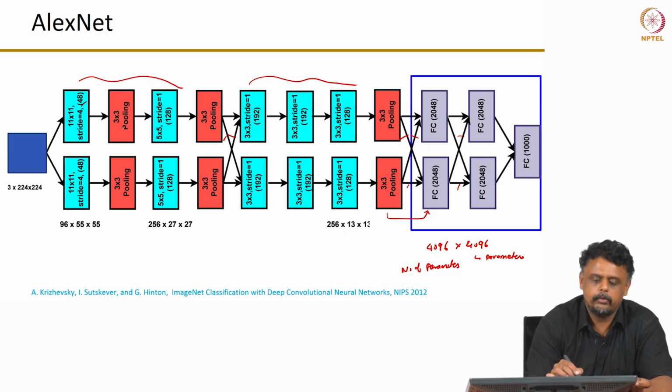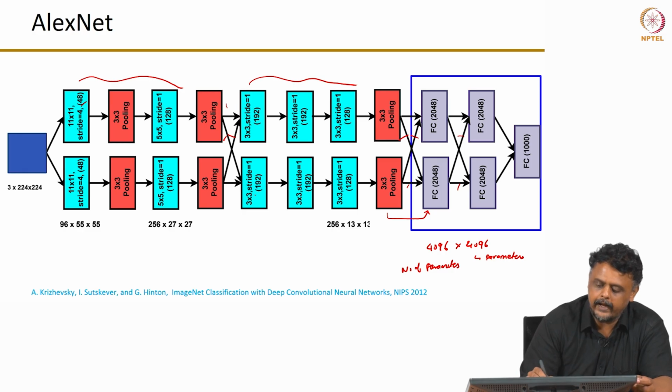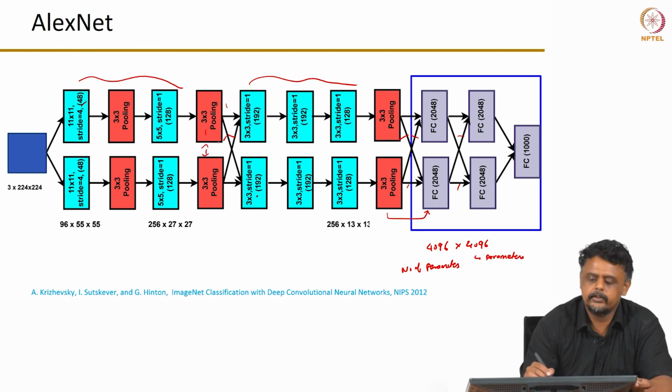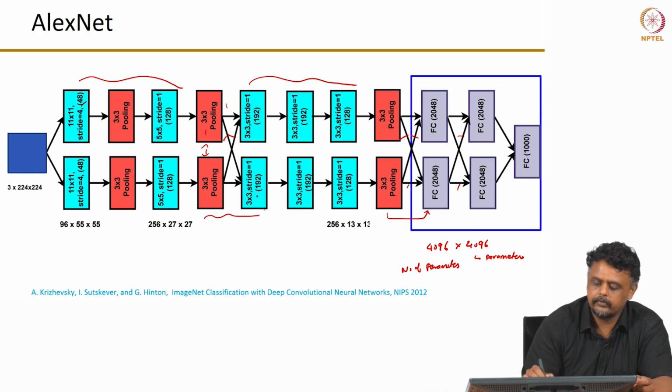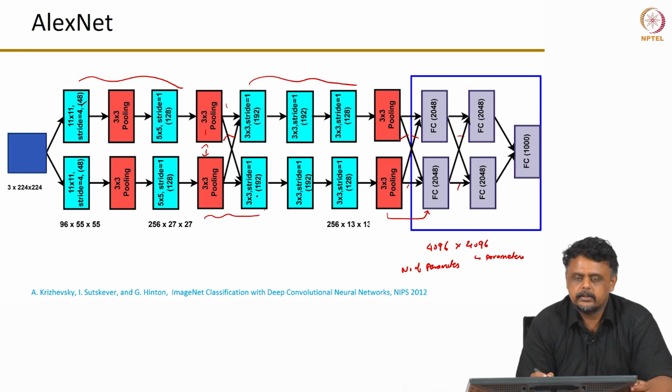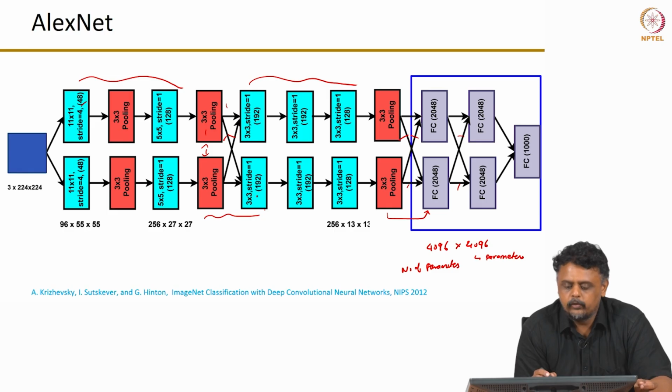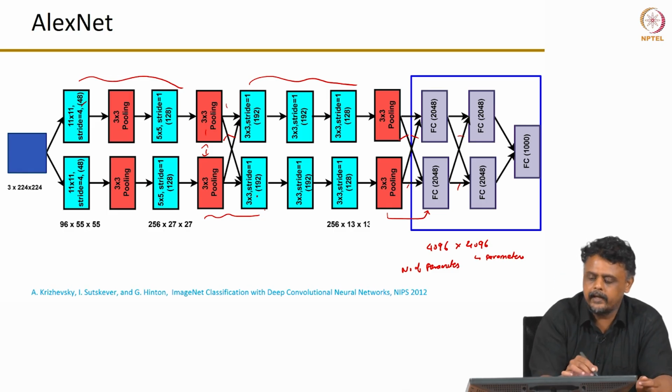If you come to this layer, the output activation here includes feature maps from both the GPUs. So, in this one layer the computations involve feature maps from both GPUs, while in the other layers they are done independently.